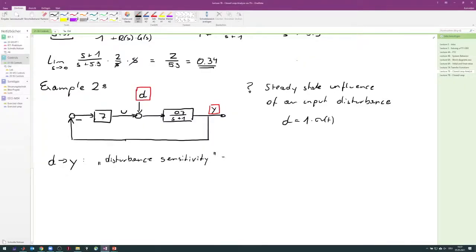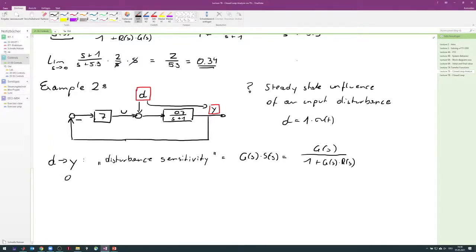And this is nothing but G of s times the sensitivity function, which was G of s over 1 plus G of s times R of s, right? If you go directly from here to here, it's G of s over 1 plus R of s times G of s because it's the loop. Okay, so let's compute. You just need to plug that in.